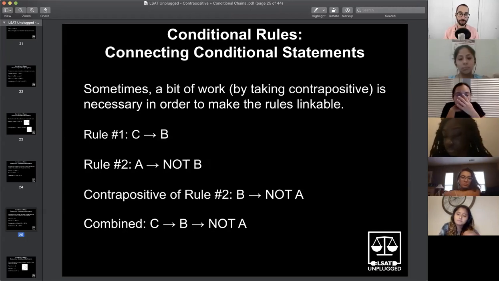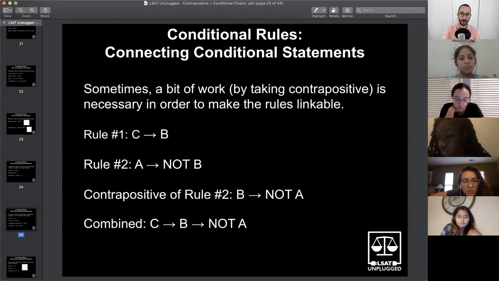And you could take it of either one here, but I'd suggest in this particular case, taking the contrapositive of the second one. You could do either one, but the reason I'm doing the contrapositive of the second one is because the second one already has a negative variable here, whereas the first one doesn't. So if we took the contrapositive of rule number 1, C requires B, we would end up with 2 negative variables.